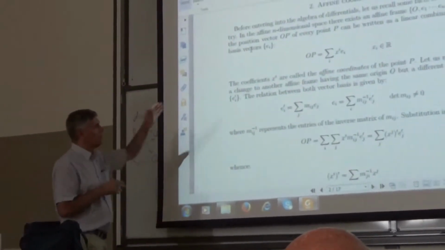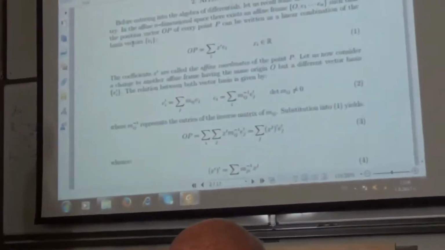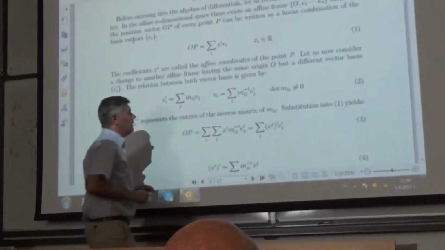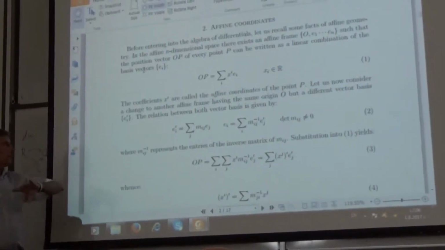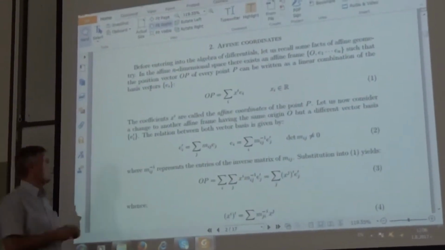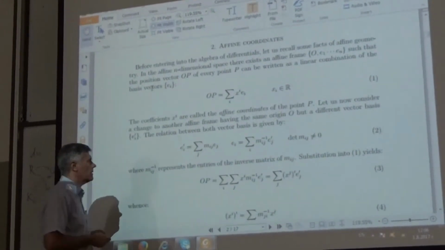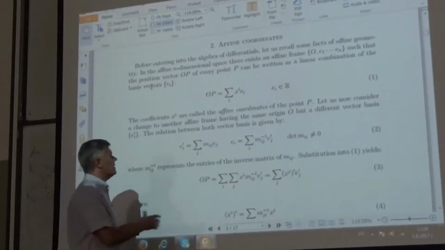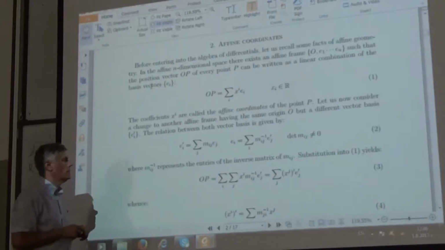Let us consider the origin and a point in the coordinate system. We can write coordinates in this way. These are the vectors of the basis. Let us make a linear transformation of these vectors to find other vectors. We can write this matrix. We can make the inversion of this change, and then we have the entries of the matrix.